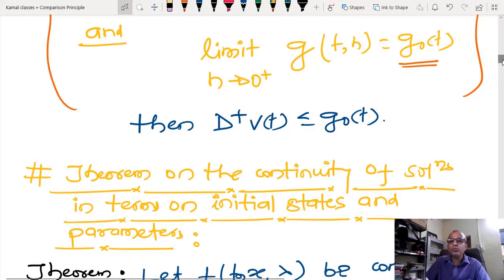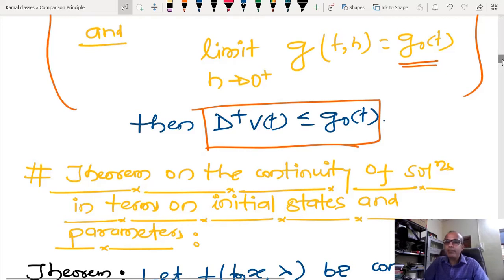So due to the property of limit supremum, I can write this kind of quantity, and we are going to take help of this quantity during the proof of the comparison theorem, or comparison principle.